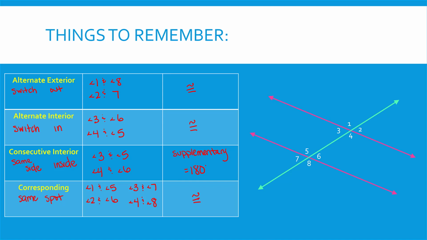So if you just keep this chart handy along with this diagram, it'll be really helpful to you, and that would be a nice little summary of today's lesson. But that's it for this lesson.